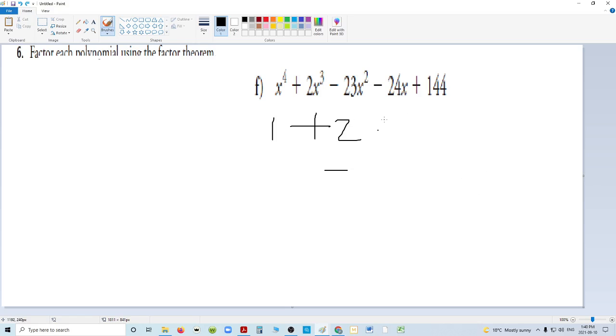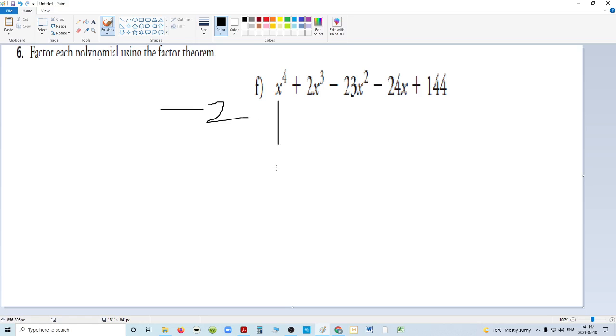But I should keep the numbers just because it'll be easier to add them up. So this is going to be a minus 2. This is going to be a minus 23, and this is going to be a plus 24, and it's clear 1's won't work at all. Let's try 2. Let's try negative 2 first, okay? I'll write it over here.